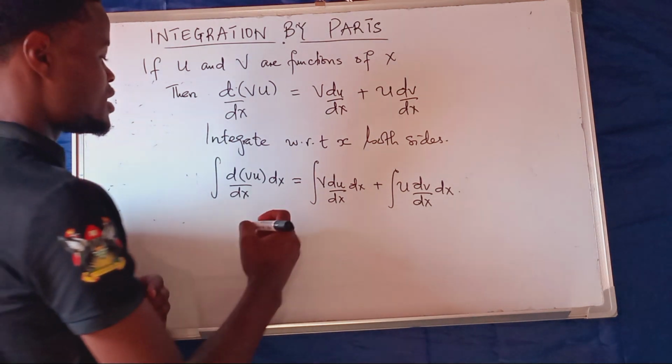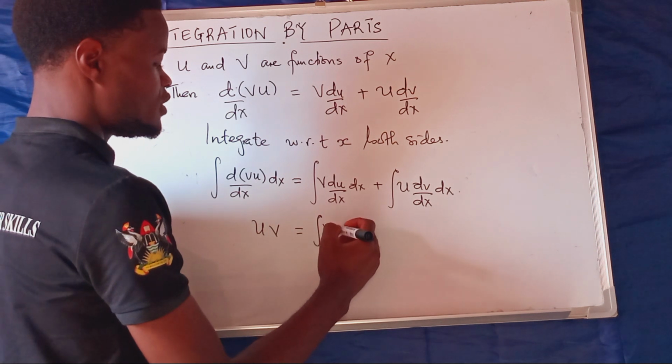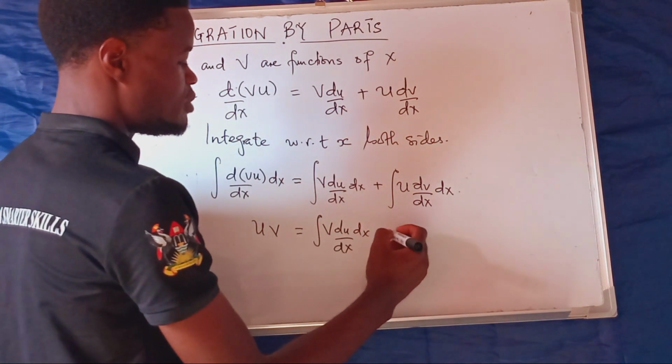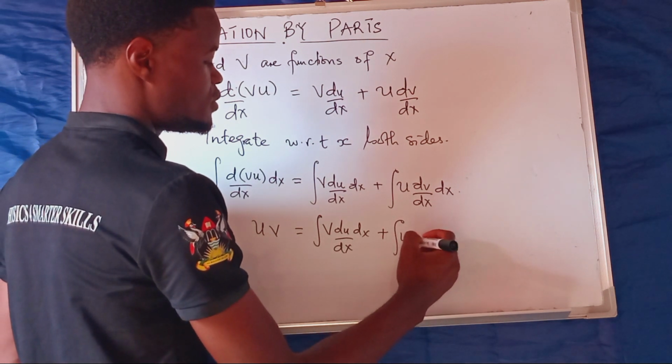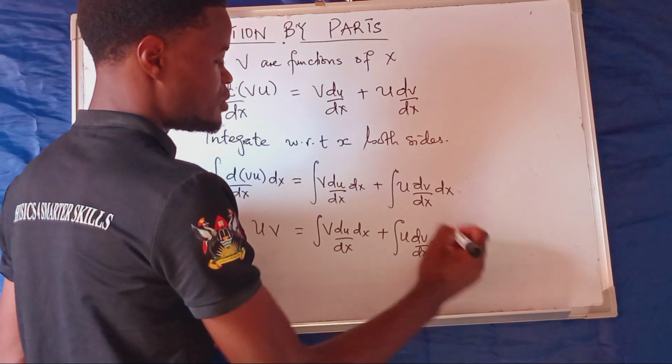From here, this gives me uv equal to the integral of v du by dx plus the integral of u dv by dx with respect to x.